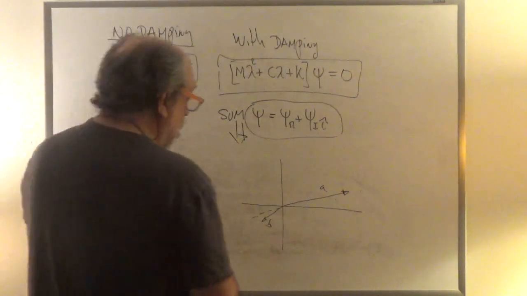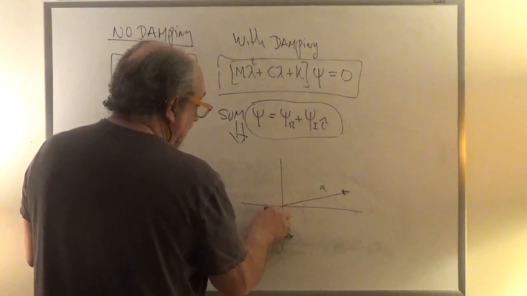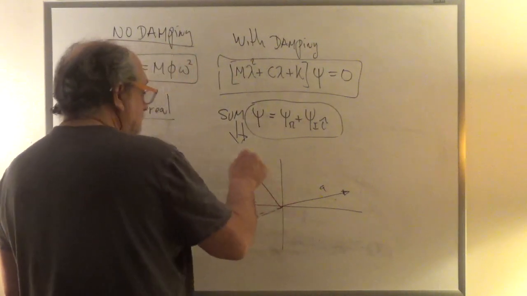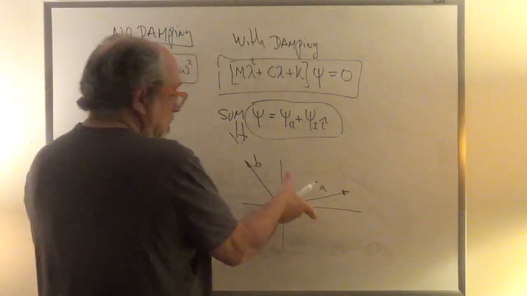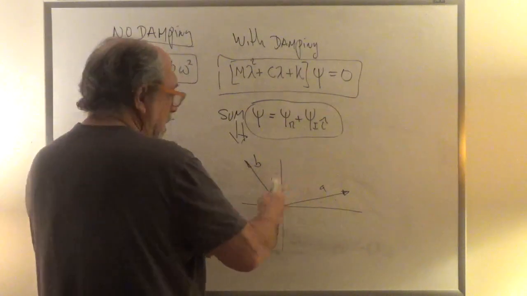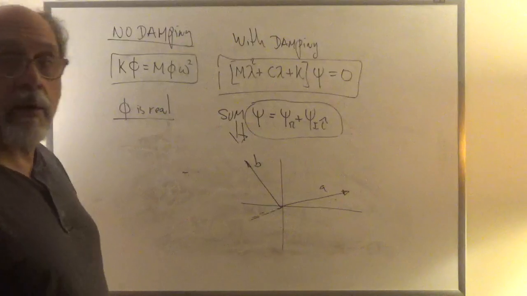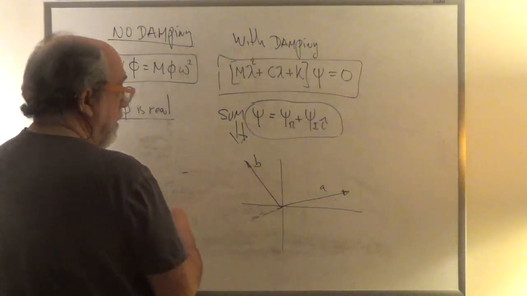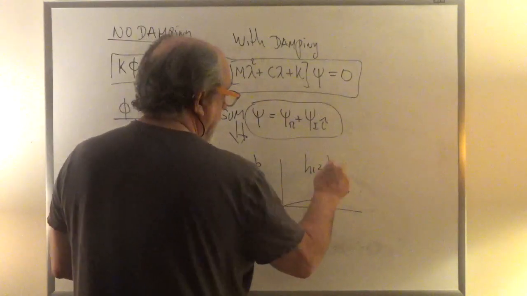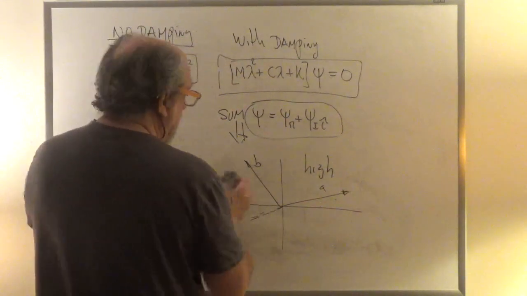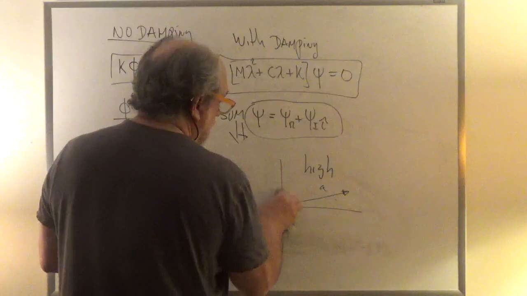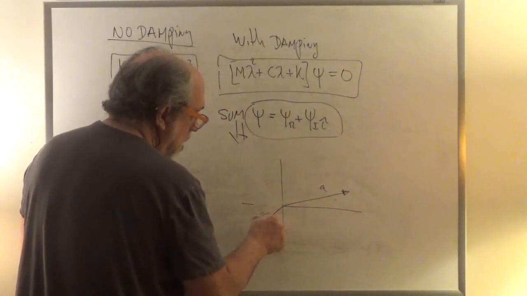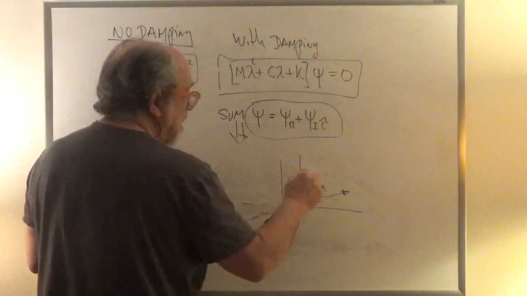As opposed to a situation where A is like that, and maybe B is like this, right? So they're still rotating, but they're really not even close to in line, right? Or out of phase. So this is high complexity. And this would be low complexity.